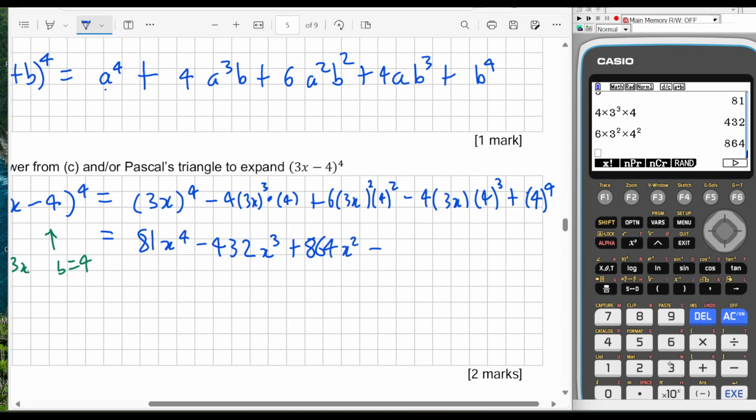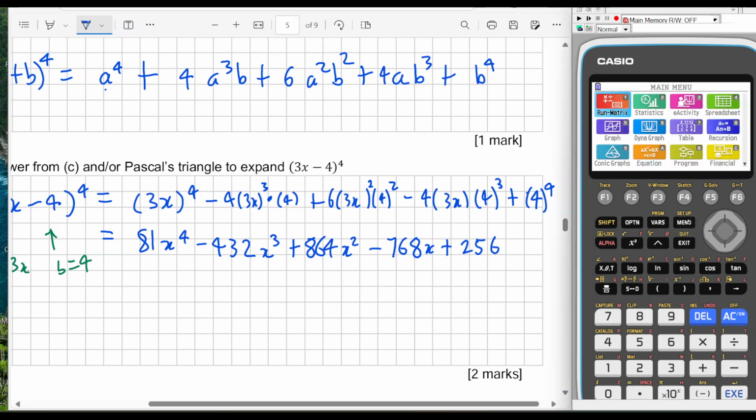Here I've got 4 and 3 and 4 cubed. So 4 times 3 and 4 cubed. So that's 768. Okay. And then 4 to the power of 4. So you don't really need the brackets, but 4 to the power of 4 is 256. Okay, and that is a full expansion.